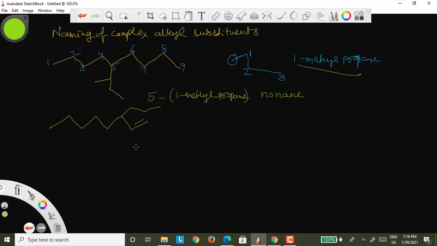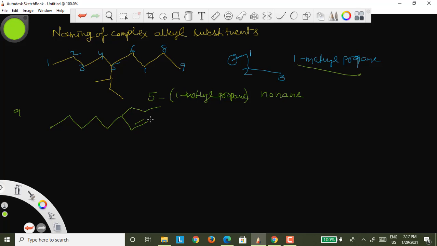Now see the naming of this compound. You should give the longest chain, but it should include the functional group. Your alkene is the functional group, and it should be taken in the parent chain, so it cannot be omitted. If you see the longest chain, 1, 2, 3, 4, 5, 6, 7, 8, 9, it is 9.